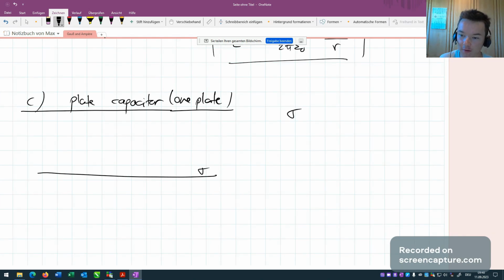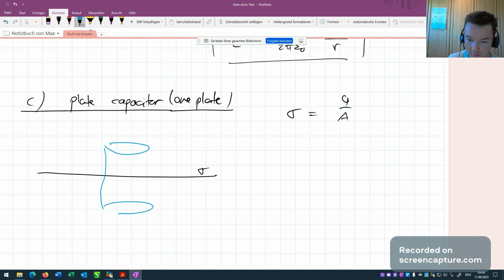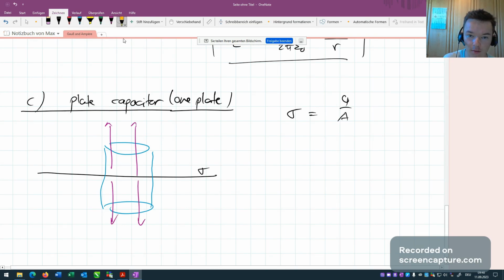So again, sigma is a charge density per area this time, so charge per area. And let's again make our area a cylinder like that. And again, our electrical field will be symmetrical in both directions, and our normal vectors of the area will be like that.